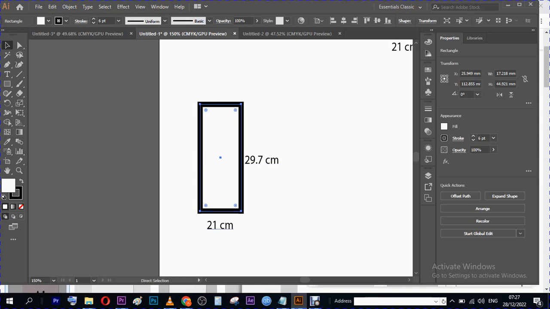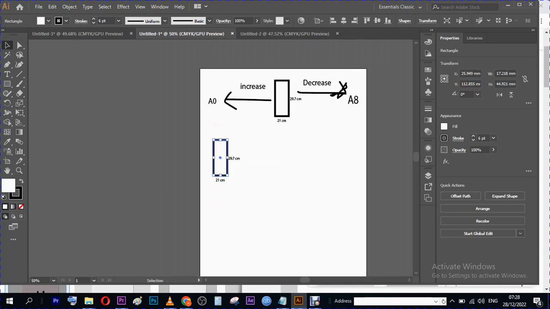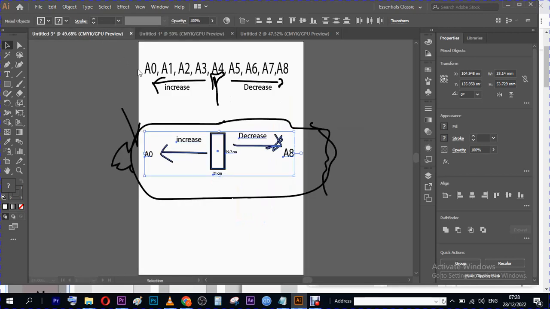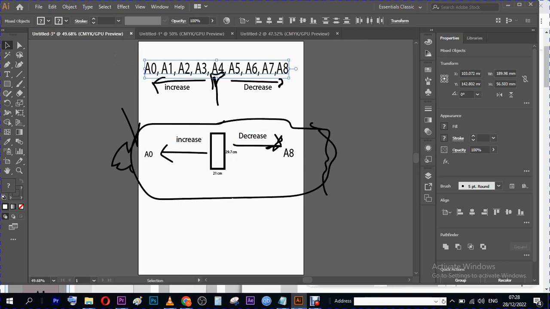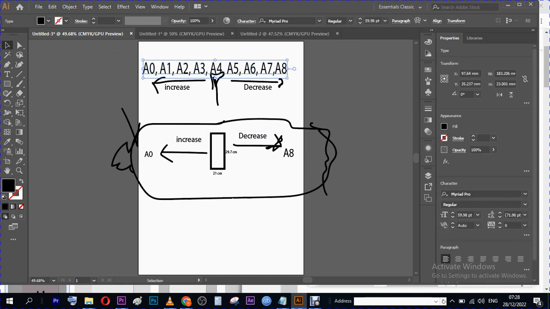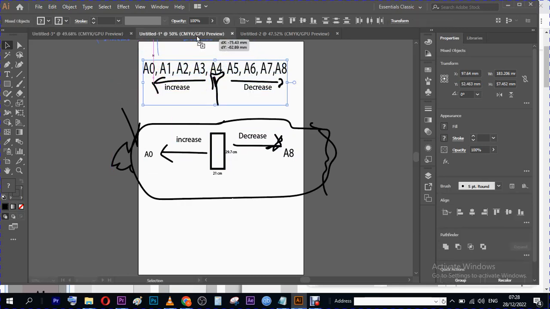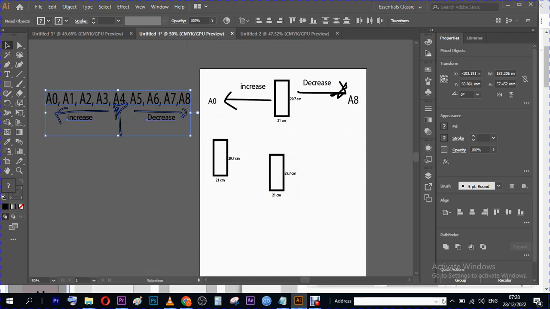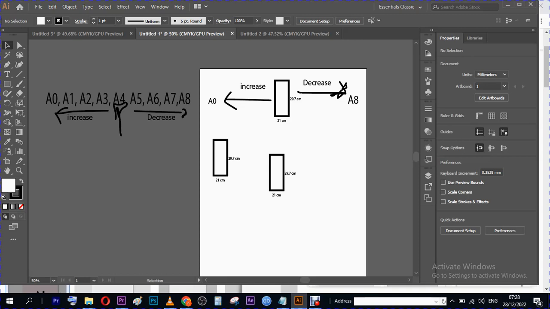So if at all we happen to decrease it now, then we select it and duplicate it. Click, drag, hold Alt, so we duplicate it. So now, which paper size are we going to create? Let me go back here, drag this, and bring it here, so that we can understand it.